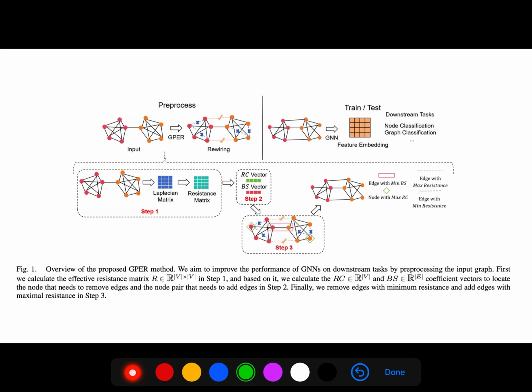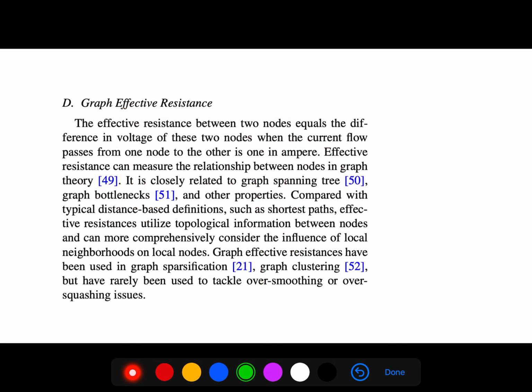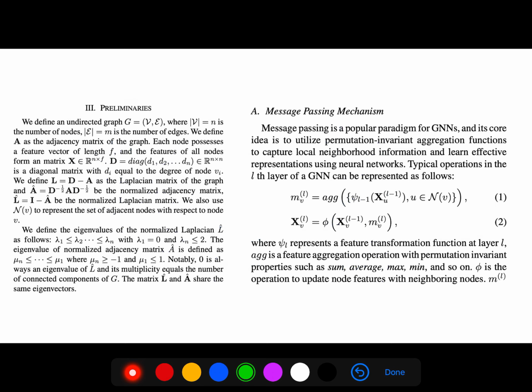First, we do preprocessing by rewiring like this, and then for training and testing we do feature embedding, and so finally we remove edges with minimum resistance and add edges with maximal resistance. So the effective resistance between two nodes equals the difference in voltage of these two nodes when the current flowing from one node to the other is 1 ampere.